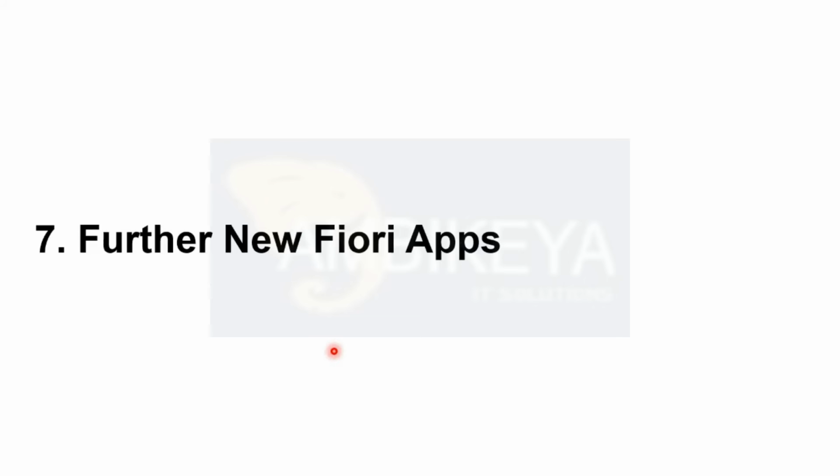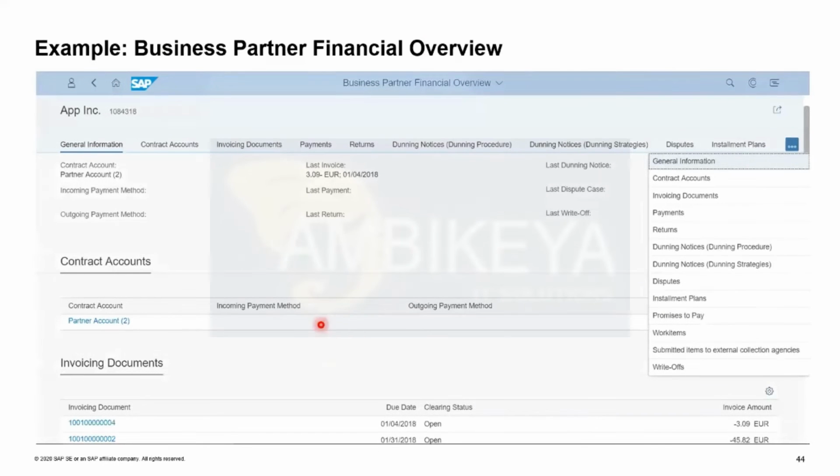Then, just to give you an impression of further new Fiori apps, we have this Business Partner Financial Overview app, where you get a 360 degrees overview of each business partner. You select by business partner, and then you see the most important things like contract accounts, invoicing documents, payment returns, all those objects you see here.